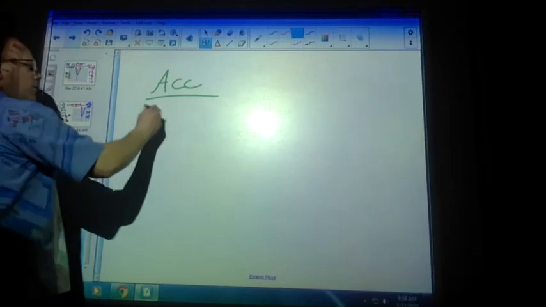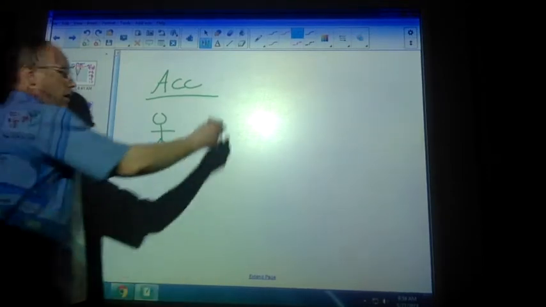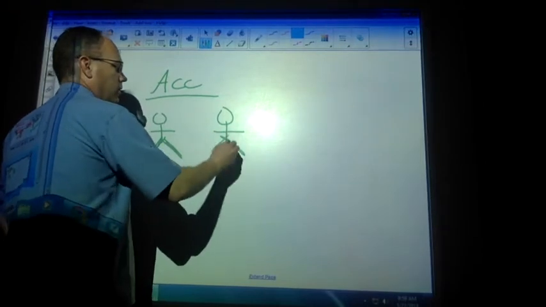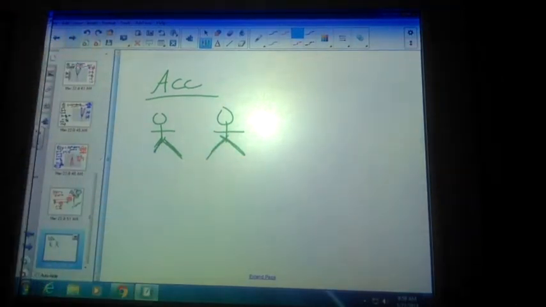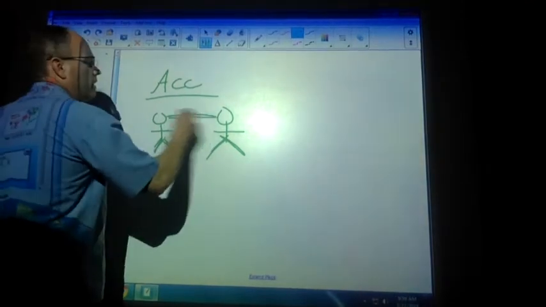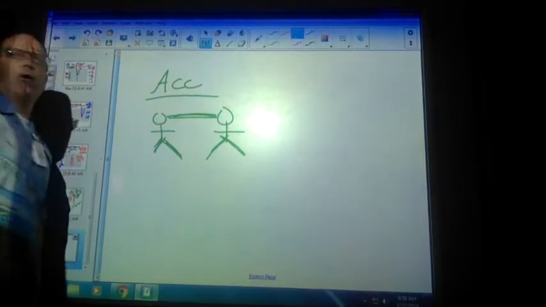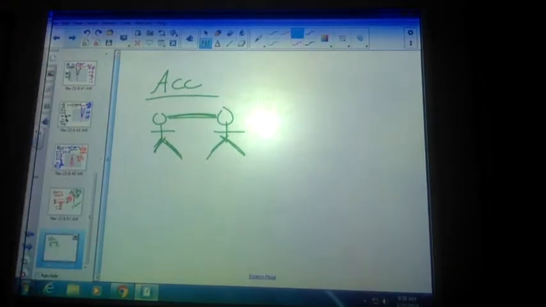You have this person in one car, this person in the other car. Do both of the people tell the exact truth about what happened? Is the truth somewhere in between the conversation? It depends. It could be outside of it. They both could be fibbing, or they both could be exaggerating.